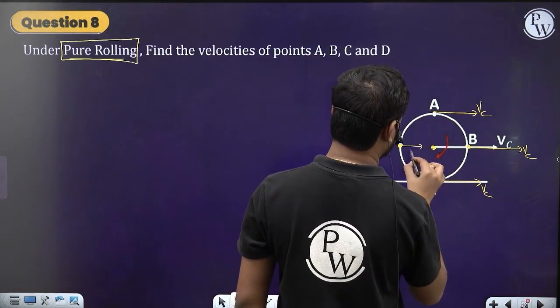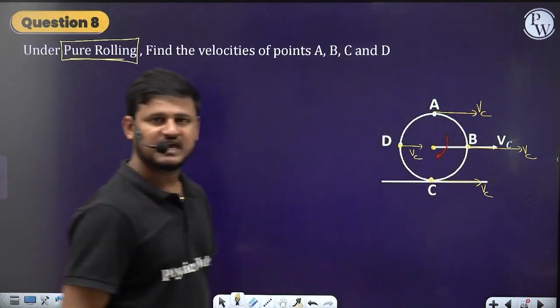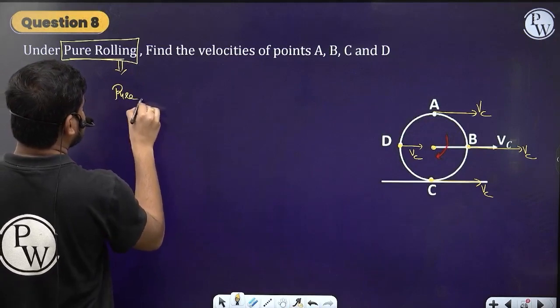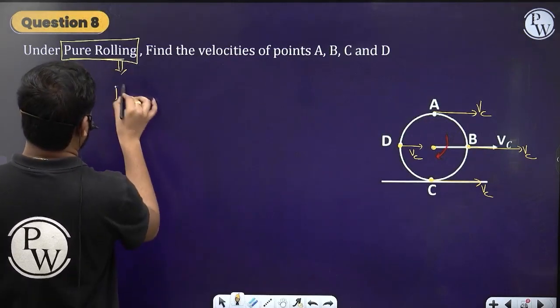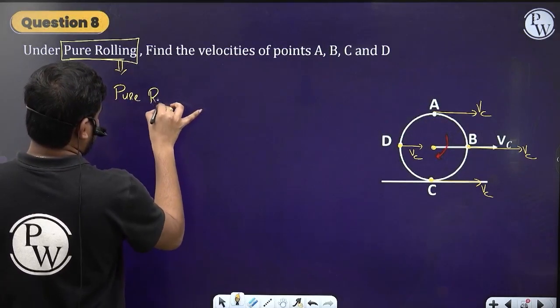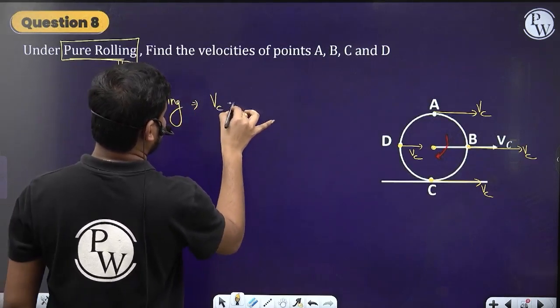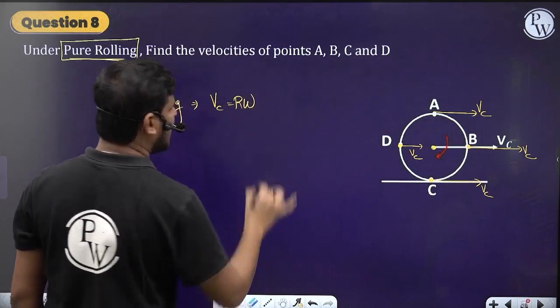Under pure rolling, Vc will be equals to r omega.